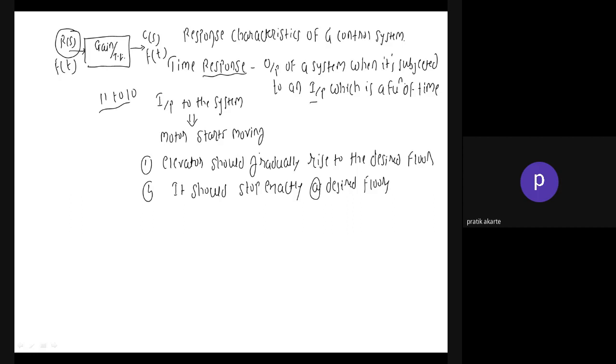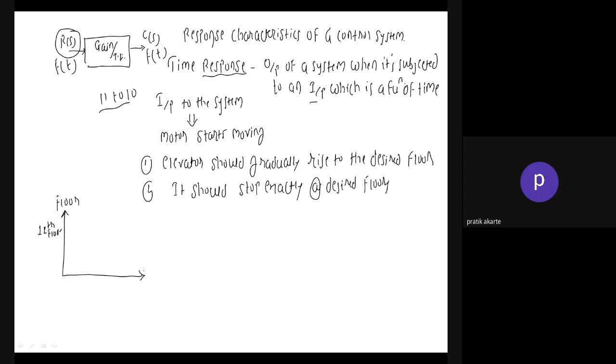Now let us see the different responses of this control system with respect to time. I will explain these responses along with the graph. On the y-axis we have the floor number. We have to reach the 11th floor.